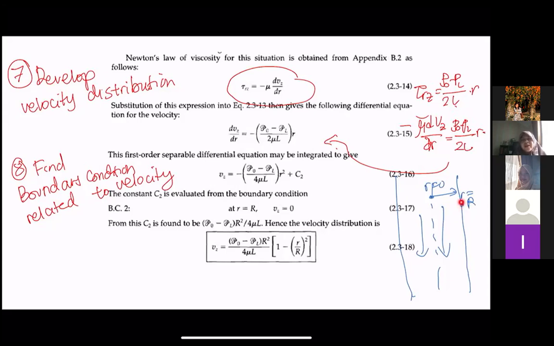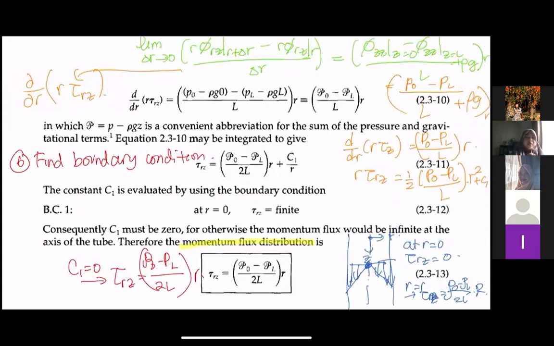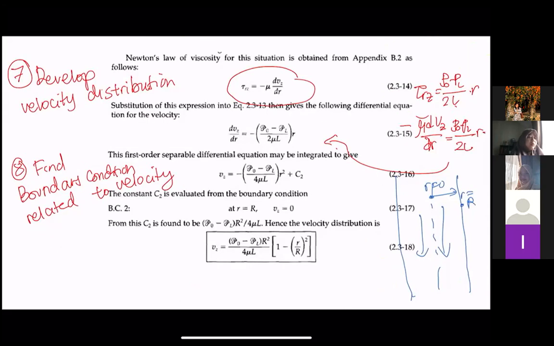Why? Because it has the highest restriction, or the highest shear stress there. Remember from here we know that it has the highest shear stress on the wall. So then it will have 0.